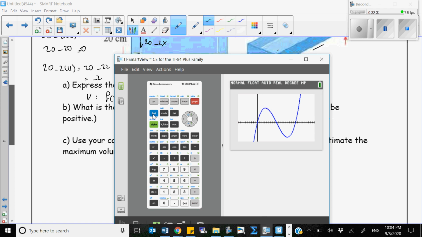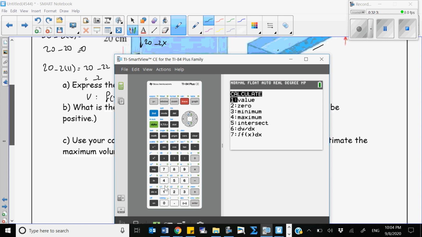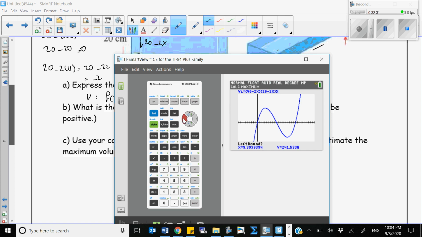So I go second trace and maximum, which is 4, on the left side, enter. And then on the right side of that, enter, and top of that.